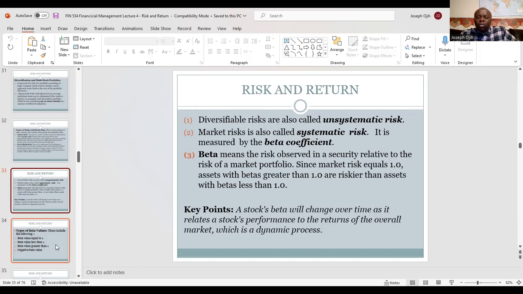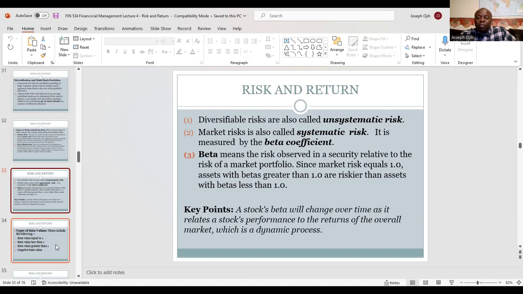Now, if the market risk is 1, that means all stocks or assets with betas greater than 1 are riskier than assets with beta less than 1.